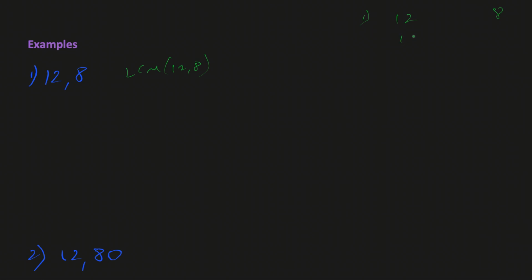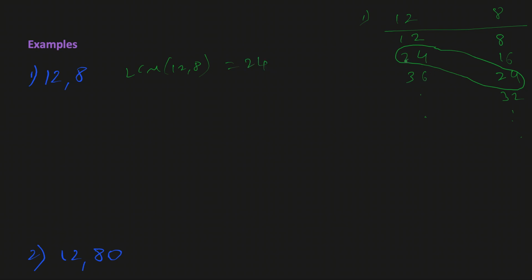So 12 times 1 is 12, then 24, 36, and so on. And 8 is 8, 8 times 2 is 16, 8 times 3 is 24, 32, and so on. Method 1 is that when we get a number in both tables, which is 24 in this case, that's our LCM.